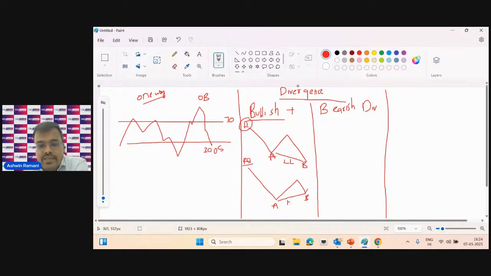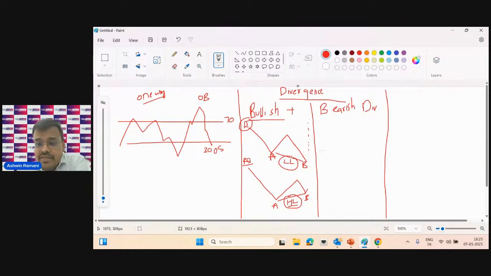At the same time your RSI is making higher lows. What type of divergence is this, guys? जहाँ पे, so imagine you have to connect the low points of RSI and the low points of price for bullish divergence. ऐसा नहीं कि इसका दो low point connect कर दिया और इसका high point connect कर दिया. So when the price is making lower lows and where the RSI is making higher lows, it indicates a bullish divergence and it means chances are that the price can cut its downtrend and it can start moving up from here. That is what a bullish divergence is.